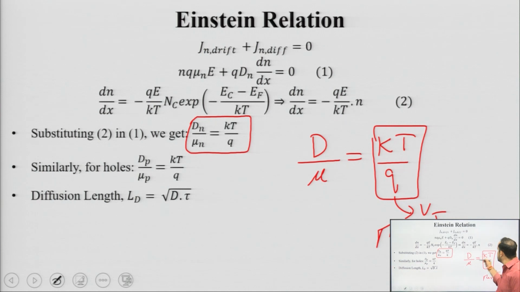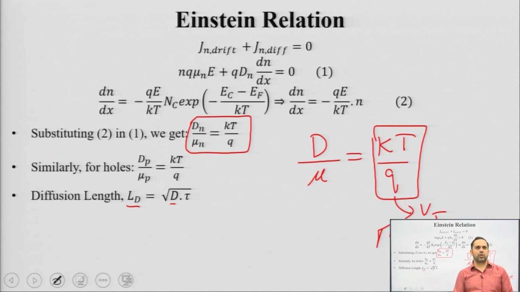So, D by mu is constant if temperature is constant, and this relationship is known as the Einstein relation and is valid for both electrons as well as holes, valid for both n-type and p-type semiconductors. You can also relate D with what is known as diffusion length. Diffusion length is the amount of distance travelled by charge carriers before they annihilate.